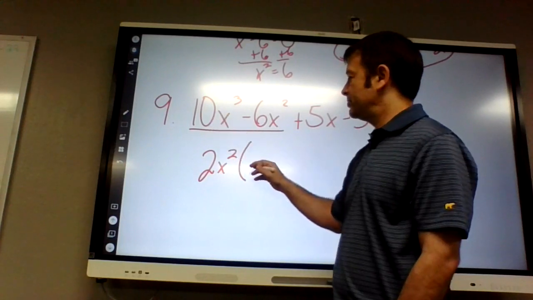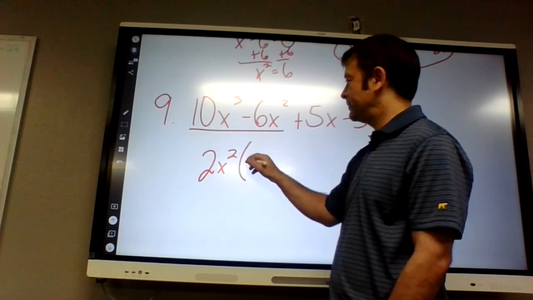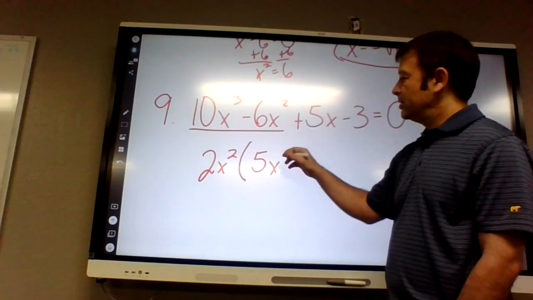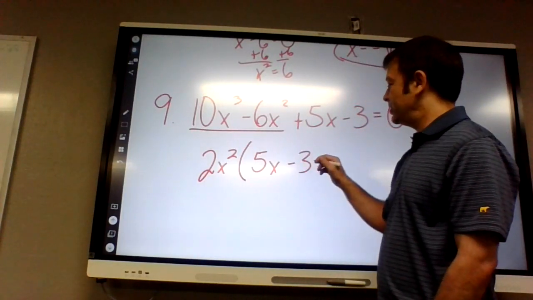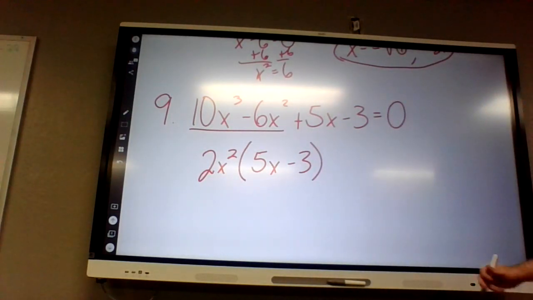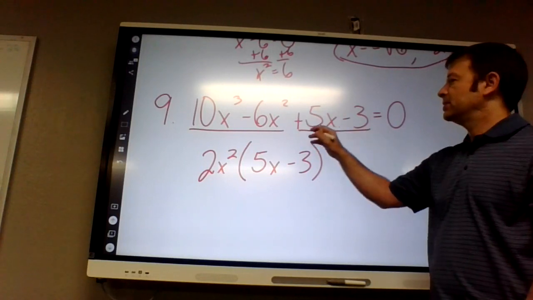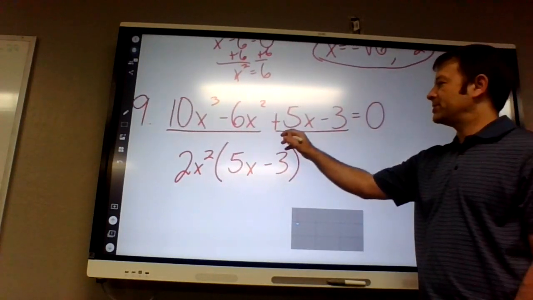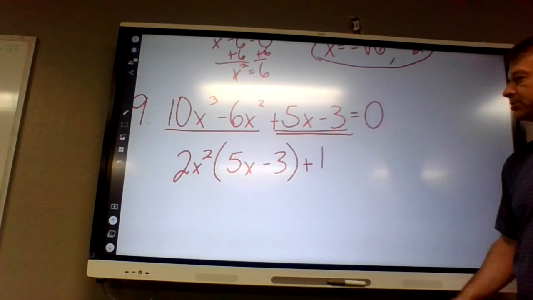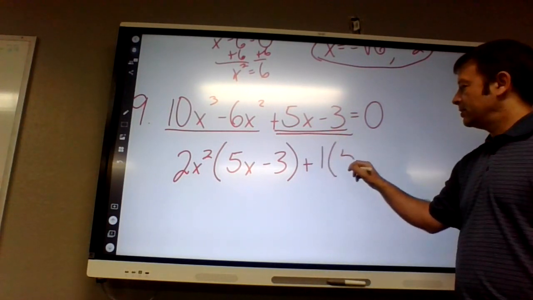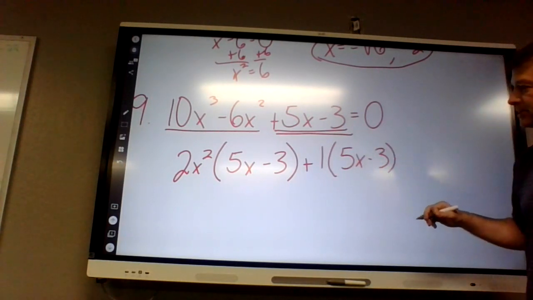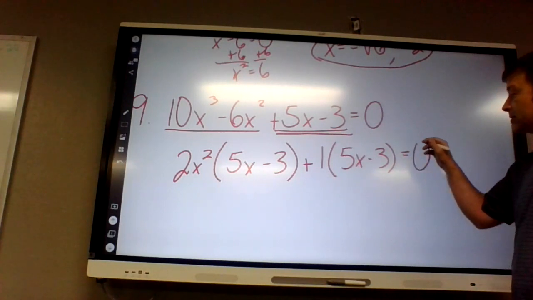So if I divide that by 2x squared, 10 divided by 2 is 5. x cubed divided by x squared is x. Minus 6 divided by 2 is 3. x squared divided by x squared is gone. What goes into the last 2 terms? Well, nothing besides 1. So I'm going to put a plus 1 there. And dividing out a 1 doesn't really do anything, so it stays 5x minus 3.